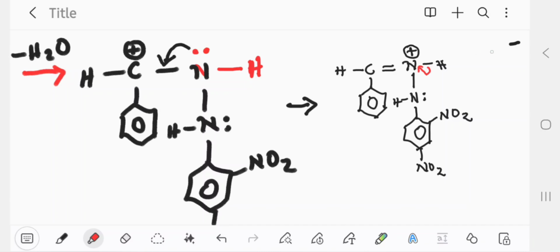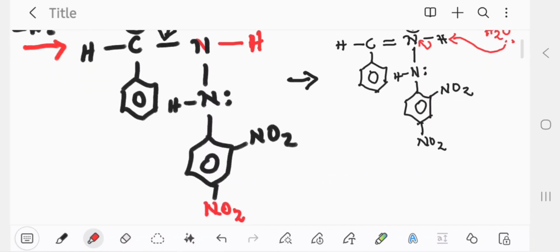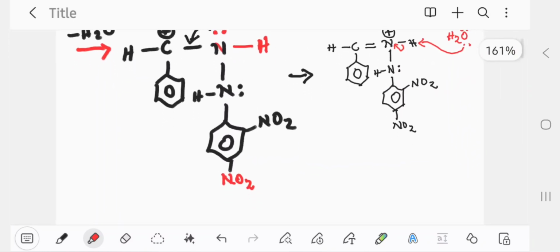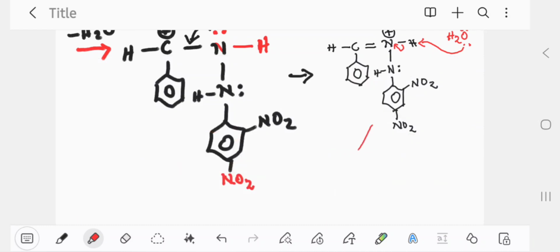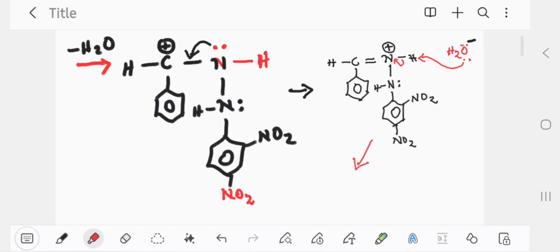Then we will have water that will pick up this hydrogen, and when it picks it up, it goes out. So then we are now going to have this nitrogen being stabilized. The final product now will look like this.